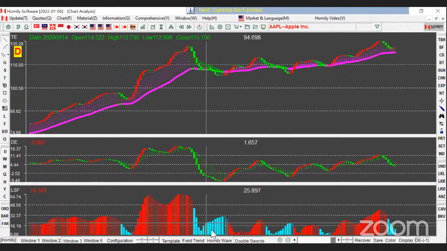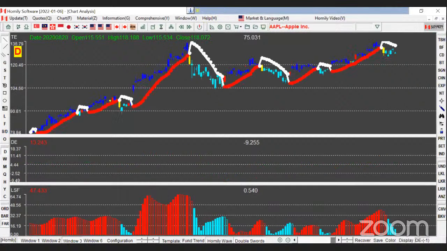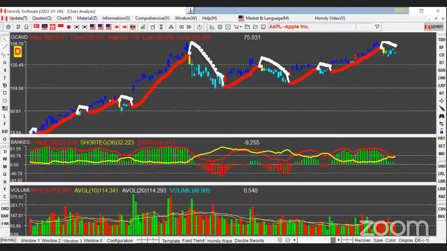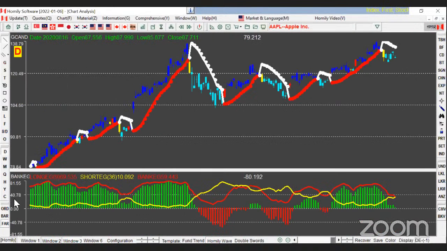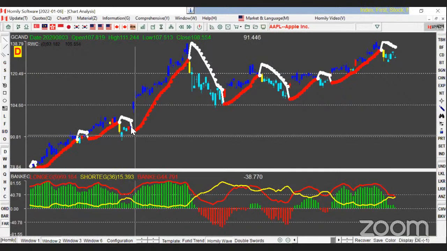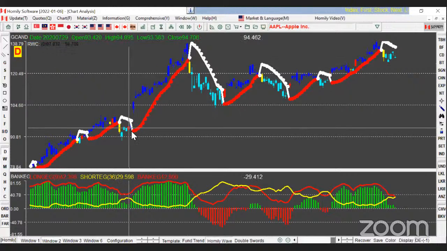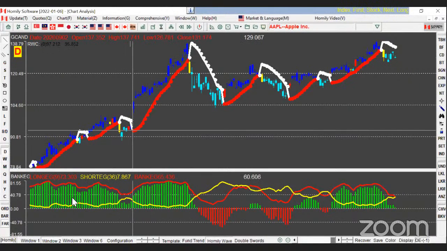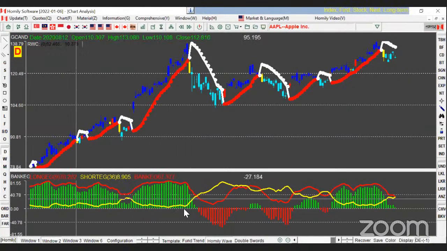That's all. And then if you continue to check the other template here called Homilychart, right? Homilychart also includes three indicators: the red and white circle, strong signal, and banker energy.